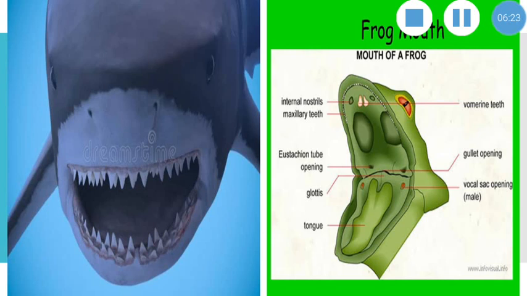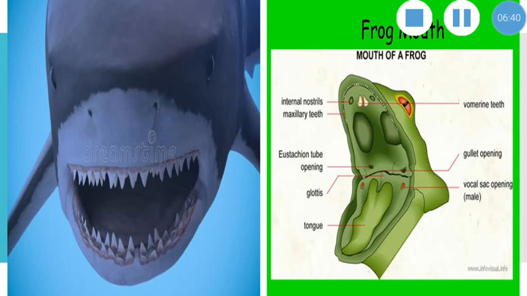And here the tongue is large and attached in front in the frog. It is muscular and highly protrusible, used for capturing prey, and taste buds are present on the tongue.